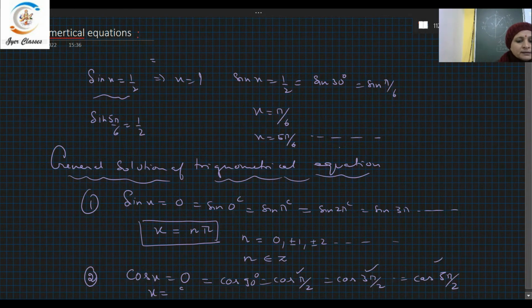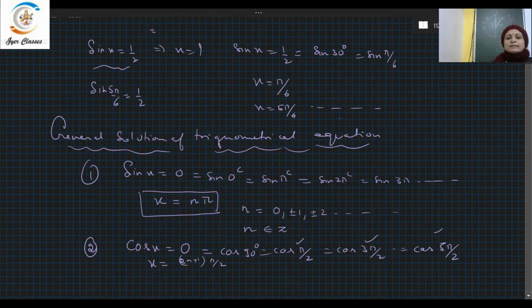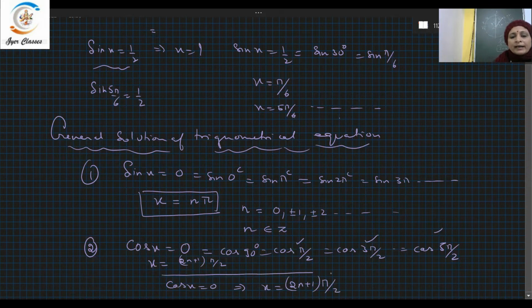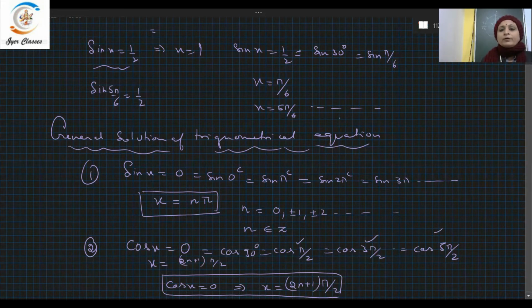So हम लिखेंगे x is equal to 2n plus 1 multiplied by pi by 2. This is the value when cos x is equal to 0. इसका मतलब x की वैल्यू होती है 2n plus 1 into pi by 2. Clear? Right? Got this?